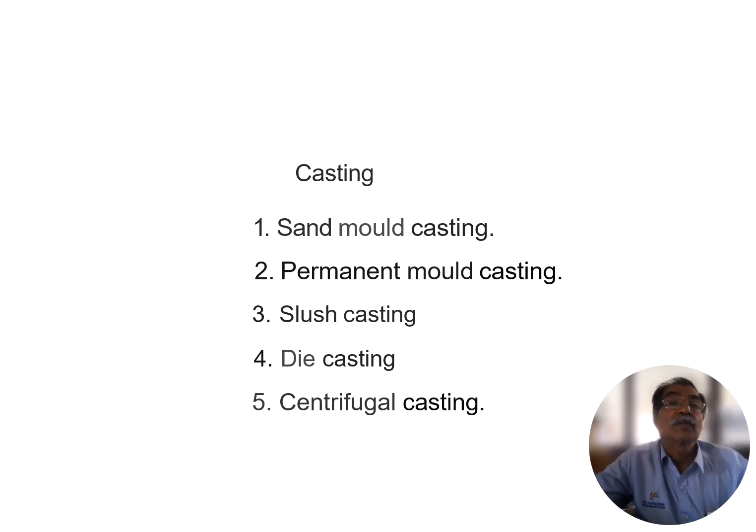This results in production of high density castings with promoted directional solidification. Examples of cylindrical castings are pipes, cylinder liners, sleeves, rolls, bushes, bearings, gears, flywheels, gun barrels, piston rings, brake drums, etc.